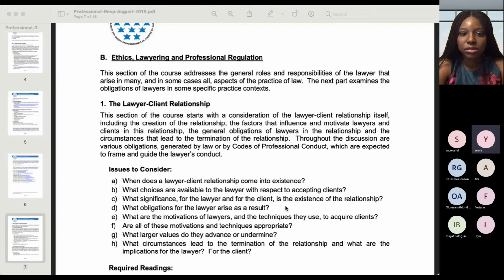Like if somebody says, "I'm considering getting into a contract with somebody to supply something. This is what I want to supply, this is how much I'm getting it." Once the person gives you background information and says, "I'm thinking of getting a lawyer," whether you agree on terms immediately or not, as long as the person has told you and you have the knowledge, you have a relationship. Okay, Rashima.